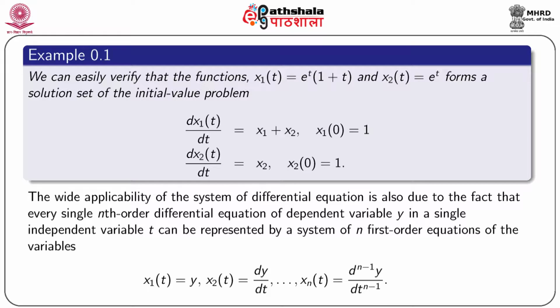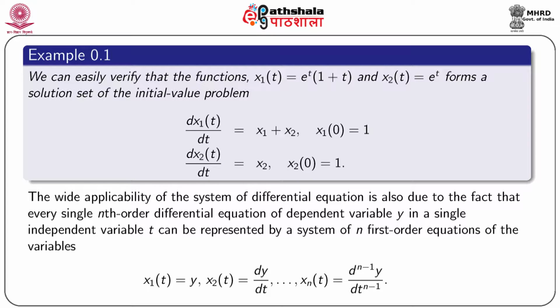Now, in this example, it can be easily verified that x1(t) equal to e^t (1 + t) and x2(t) equal to e^t form a solution of the initial value problem. You can prove that by substituting x1(t) and x2(t) in the differential equation to see that they satisfy this particular initial value problem.